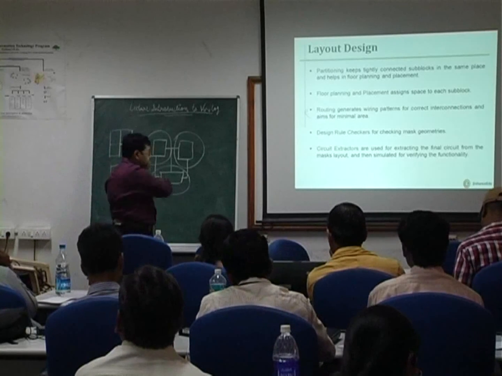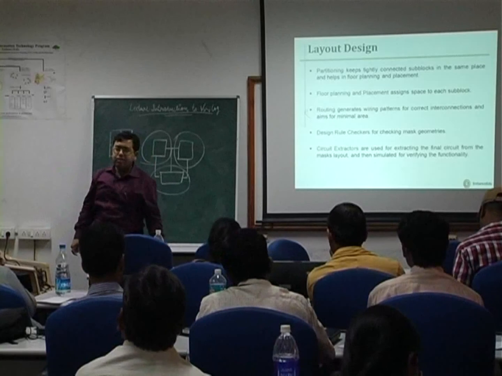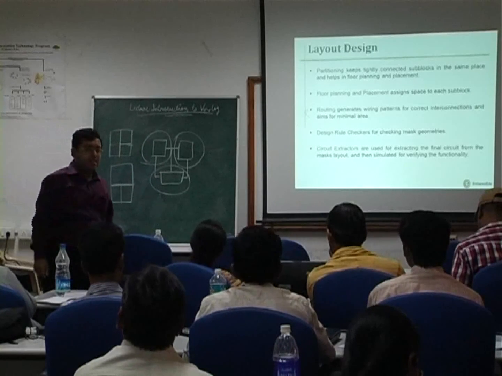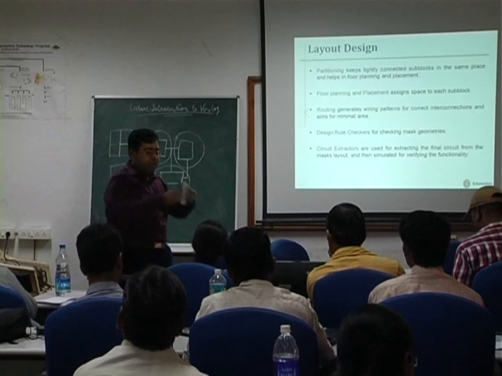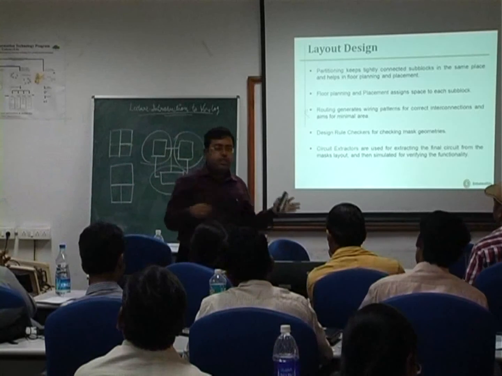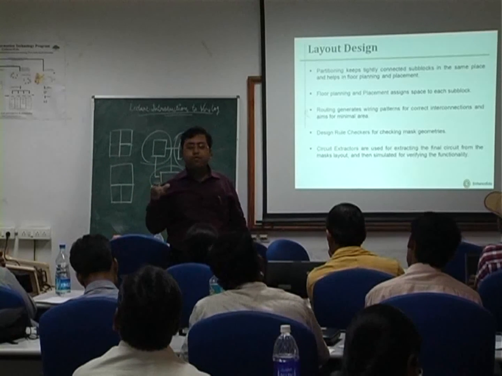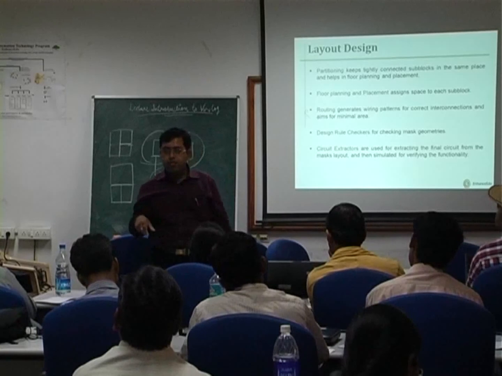In fact, this basically refers to the type of algorithm that we follow for floor planning, that is, rectangular slicing floor plan. We divide the chip area into rectangular slices and find out which slice is amenable for what component, and so on.